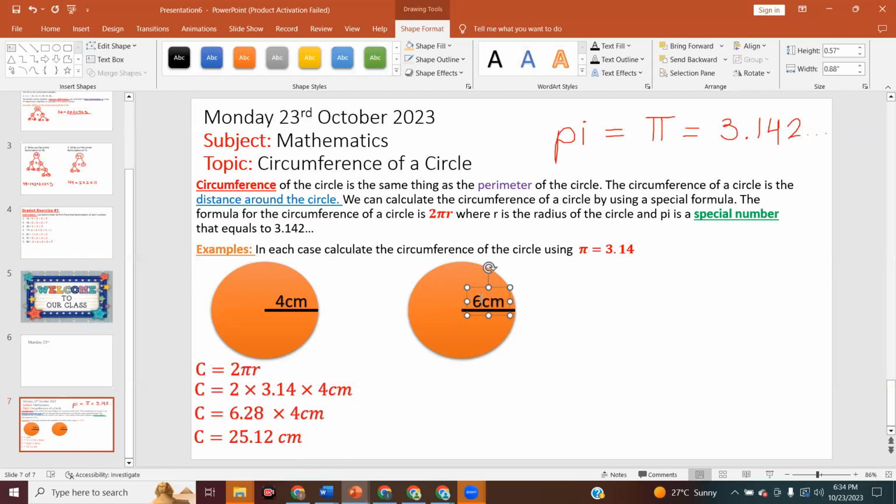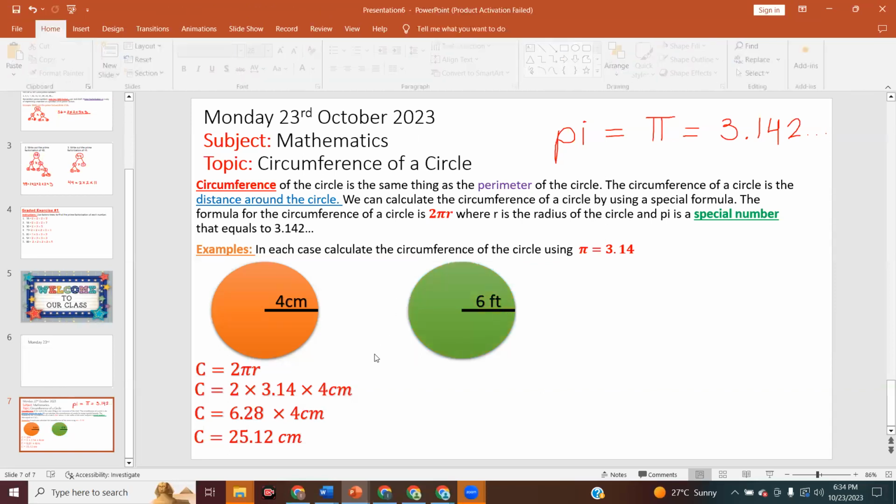Watch it now, be careful, I'm going to change it. 6 feet. So please respect the units. 6 feet. All right, that's what I have.